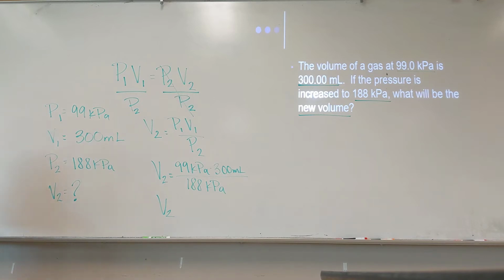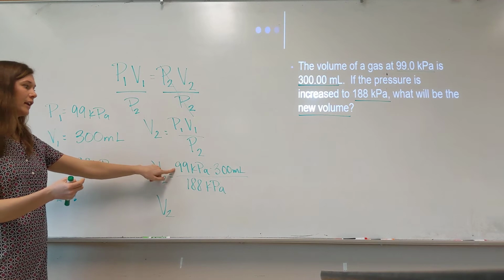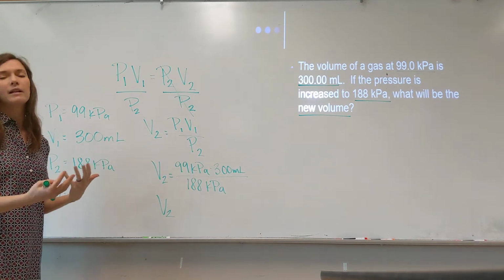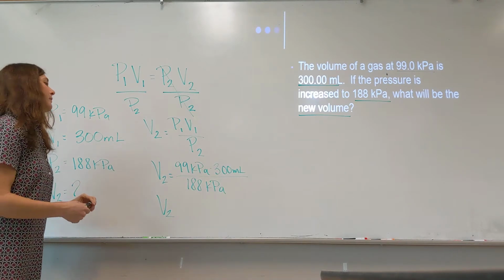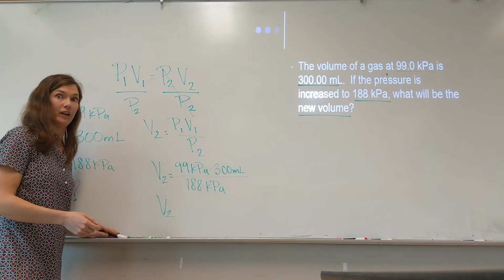Now we can plug this into the calculator. When you plug it into your calculator, make sure that you are putting parentheses around 99 times 300. So basically make sure that you're doing order of operations correctly. I do 99 times 300 and then I divide by 188.